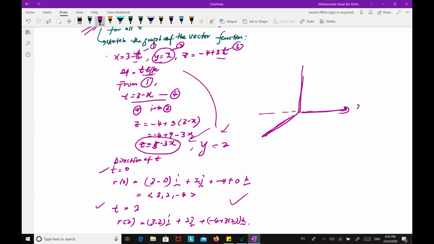This is y, x, z, negative z, negative y, negative x. We have y equals 2, which means here y is 2, with x 0 and z 0. So I just draw another axis at the same point, y equals 2.